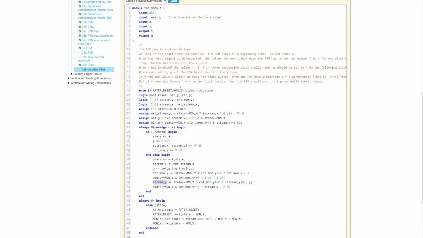Now the last thing to do is that if Y doesn't become 1 within 2 clock cycles, then the FSM should set G equals 0 permanently. I assume this means next cycle. So that's how I implemented it, but if not, I can just do the right-hand side instead of the left-hand side, for example.